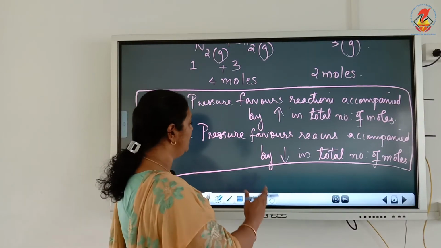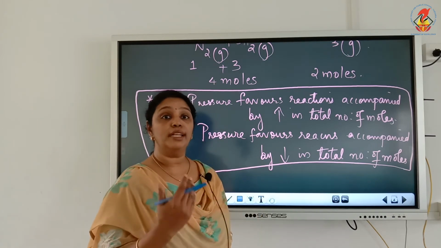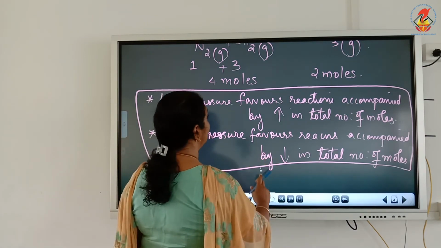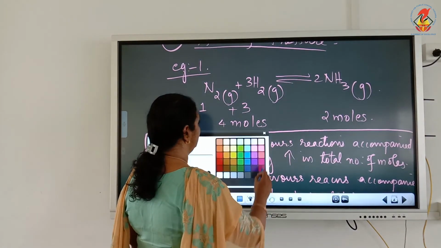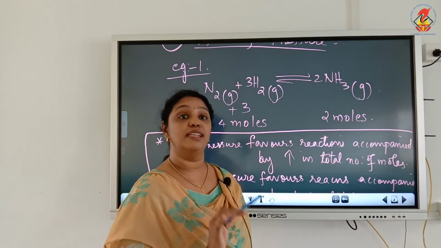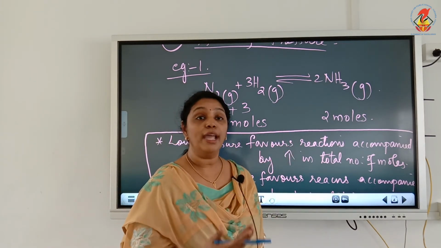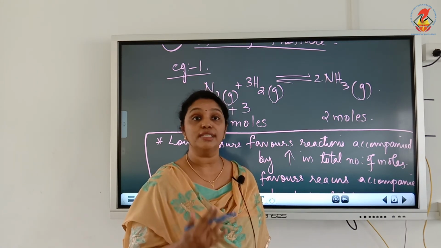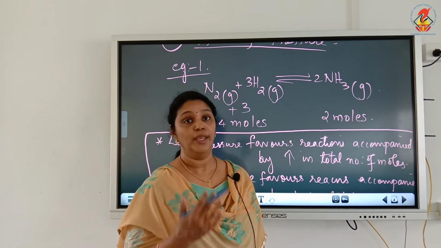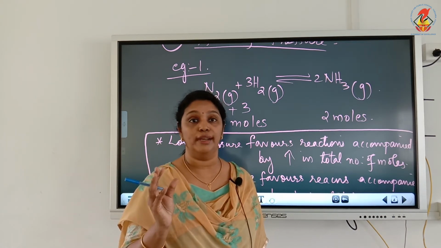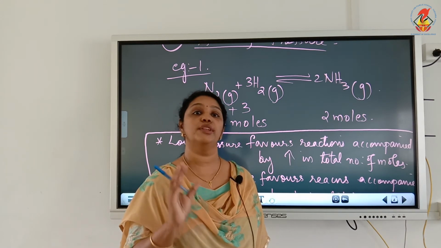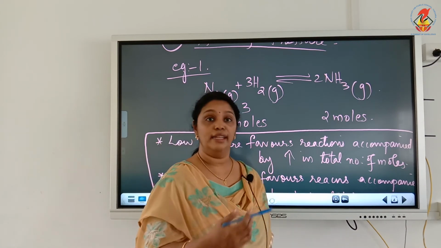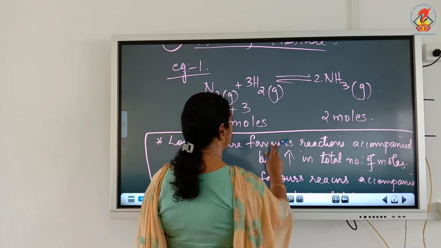The meaning of the second point is that when the total number of moles decreases, high pressure is favorable. So you can see in this reaction, in the formation of ammonia molecule, the total number of moles decreases in the forward direction. So high pressure favors the forward reaction, which means high pressure favors the formation of ammonia molecule. Or we can say when you manufacture ammonia, high pressure is required for the formation of ammonia gas, because in the forward reaction the number of moles decreases. So that's a very important point to be noted.